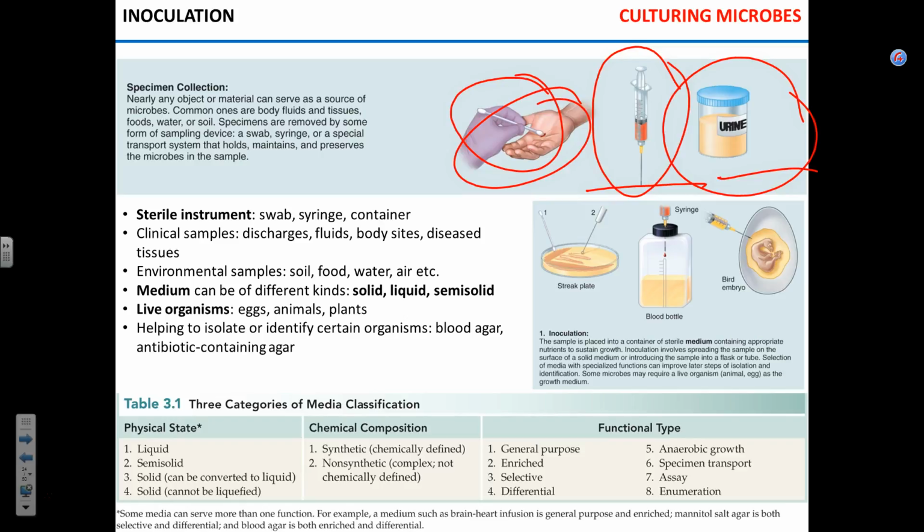Some of the environments are very, very interesting to work with. If you would want to collect soil, not a big deal, right? You just go outside and collect soil. There's one microbiologist, and I always mix up, she's either at Kent State or University of Akron.